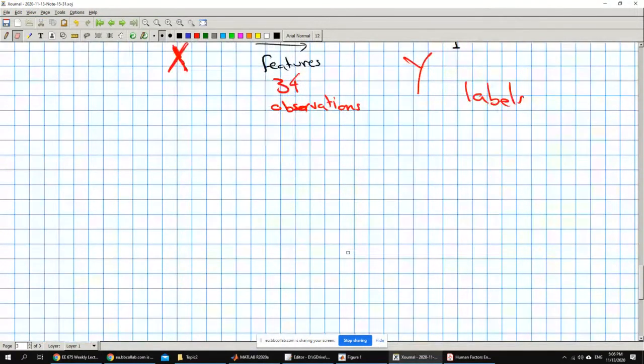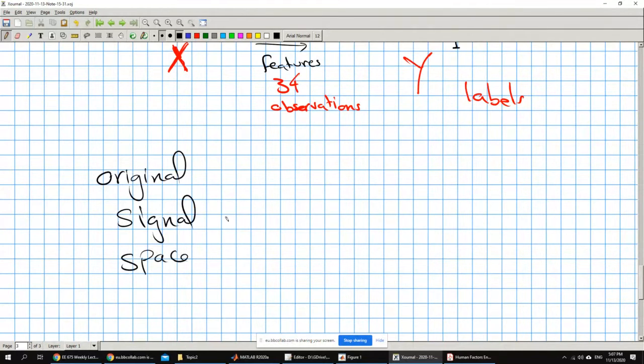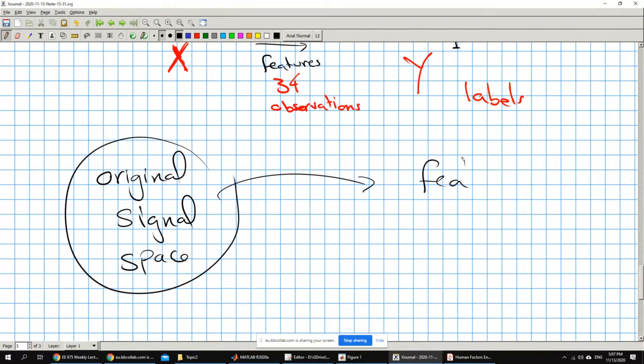What we did here is we took the original data, the original signal space, and converted it to what's called the feature space.